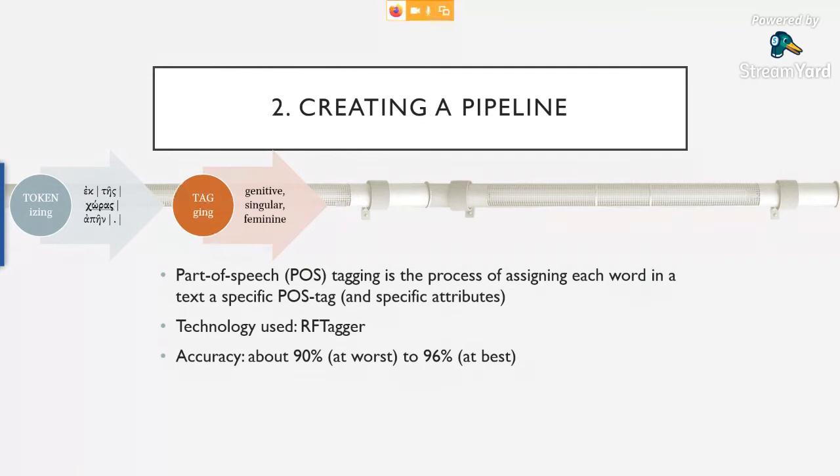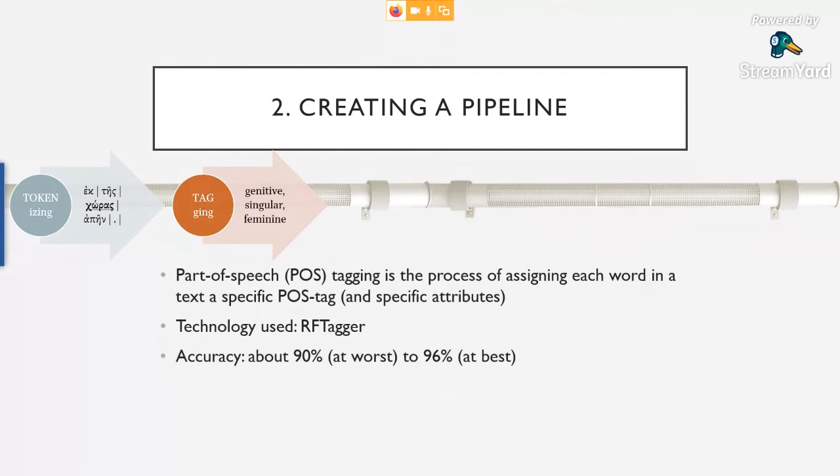In order to come to automated results, we make use of technology. And in this case, Alec did all the work and he made use of a certain tagger, the RF tagger. And of course, it's much more than just applying the tagger. There are also many pre-processing steps involved, but I cannot go into details in this respect.